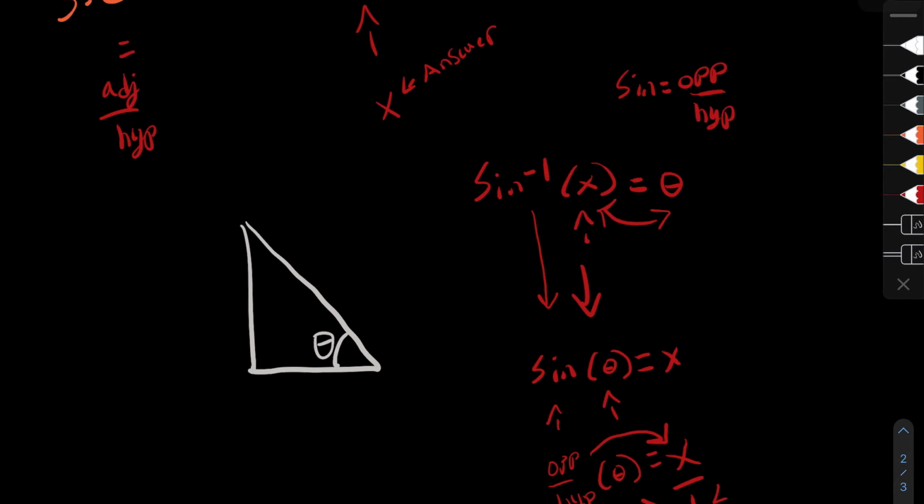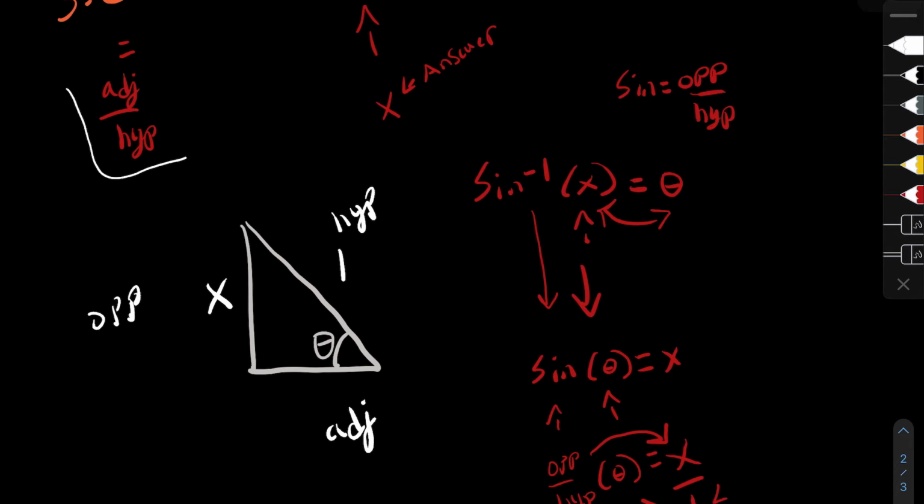Now what we can do is basically just do basic sine. So we have x right here, and we have a hypotenuse of 1, because this is the opposite, this is the hypotenuse, and this bottom part is the adjacent value.